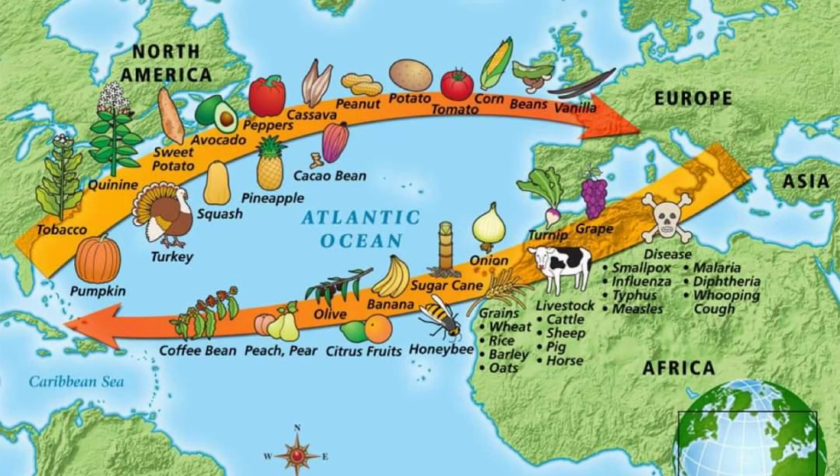To give you some examples, Europe to America exchanges included horses, cattle, wheat, and then of course the infamous smallpox that devastated Native American populations at such a high rate. From America to Europe, we're talking about corn, potatoes, tomatoes, and of course the cultivation of tobacco will play a significant factor.